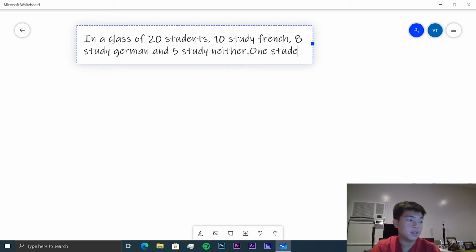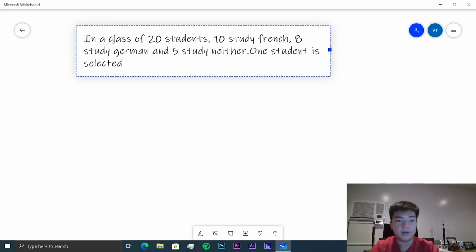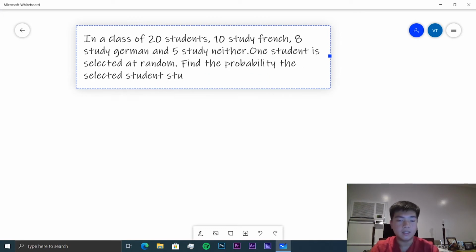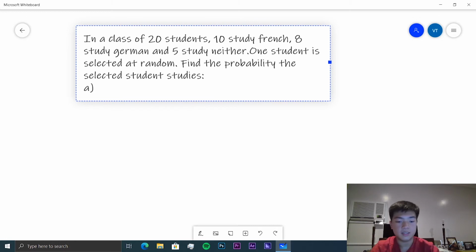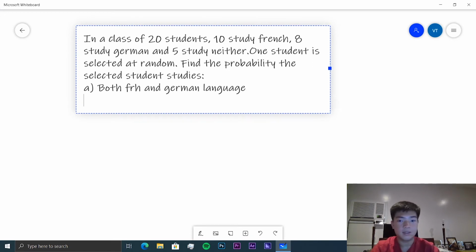One student is selected at random. Find the probability the selected student studies both French and German language, or exactly one of the two languages.